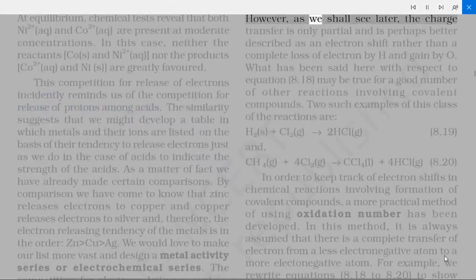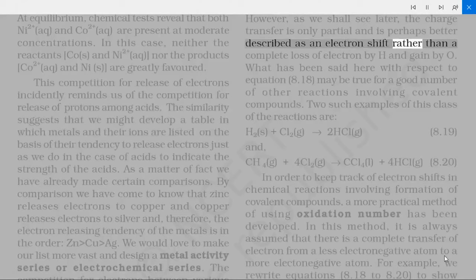However, as we shall see later, the charge transfer is only partial and is perhaps better described as an electron shift rather than a complete loss of electron by H and gain by O. What has been said here with respect to equation 8.18 may be true for a good number of other reactions involving covalent compounds.